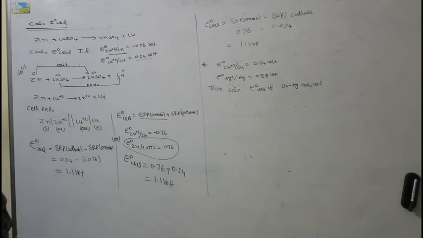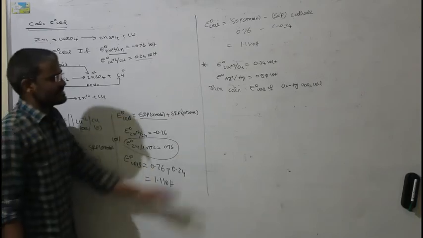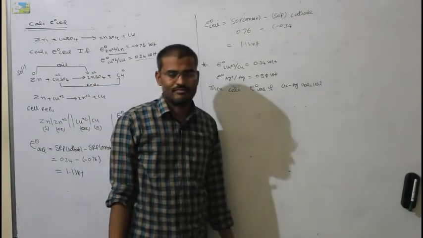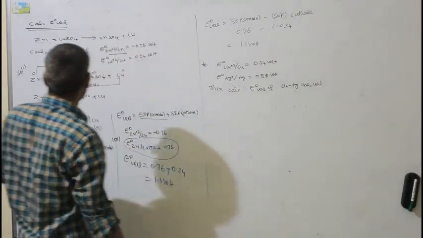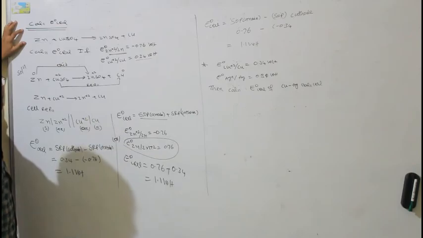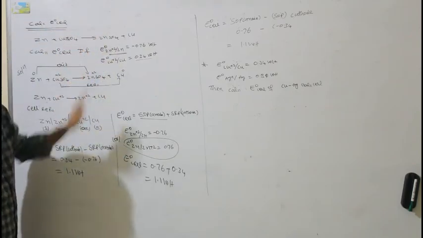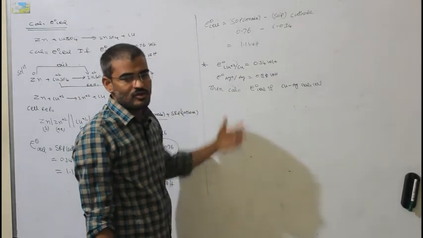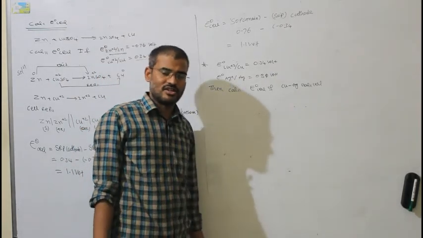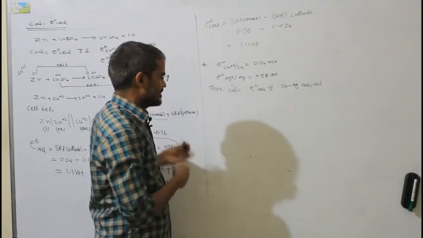If this case is given, no reaction is given here. You must be able to identify the reaction. Look, in the earlier one I gave a very clear reaction: zinc undergoing oxidation, copper undergoing reduction. But here it is not mentioned, so you have to identify which will undergo reduction and which will undergo oxidation. See, here is one important note.